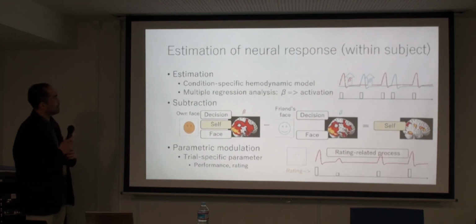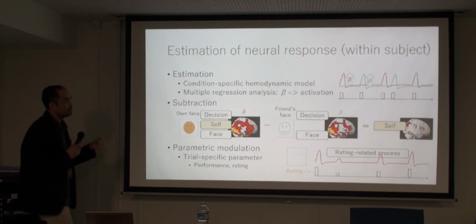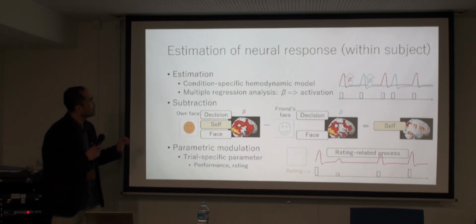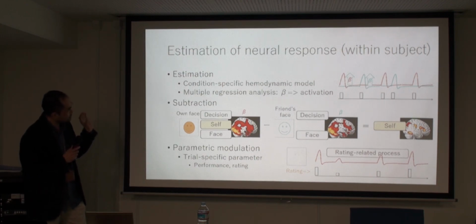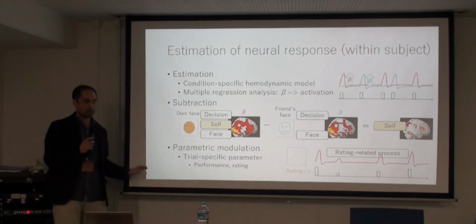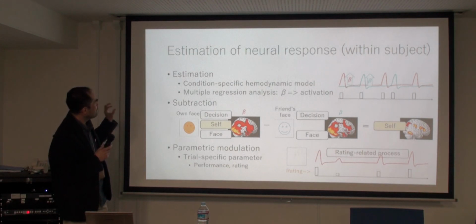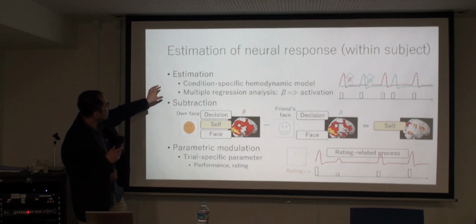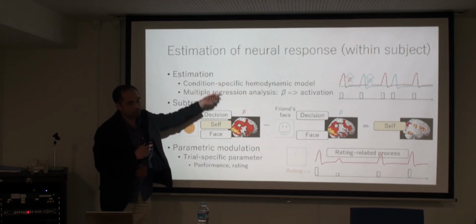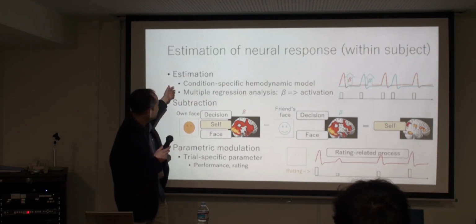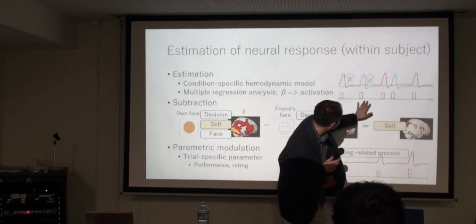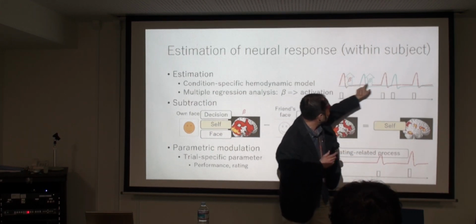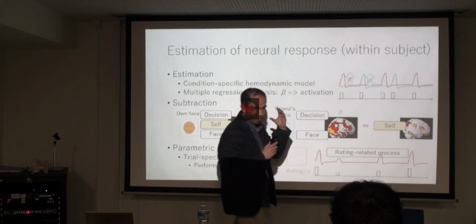And using data obtained from the subject doing such cognitive tasks, we then estimate the neural response in each subject. For that estimation, we model the condition-specific hemodynamic response. For example, here the red trials and here the red model for the red conditions.